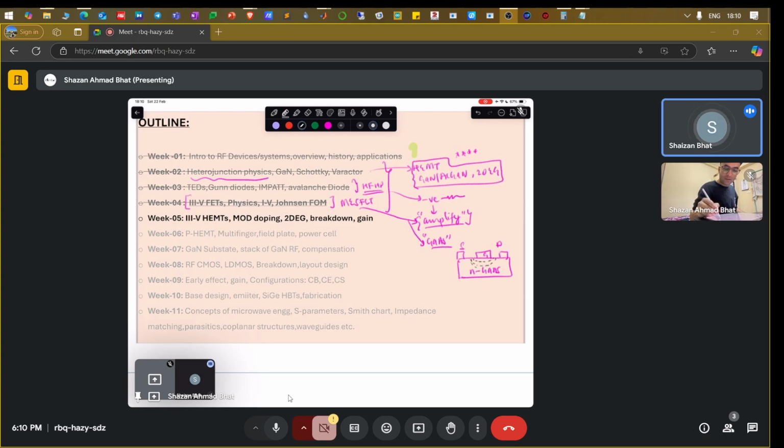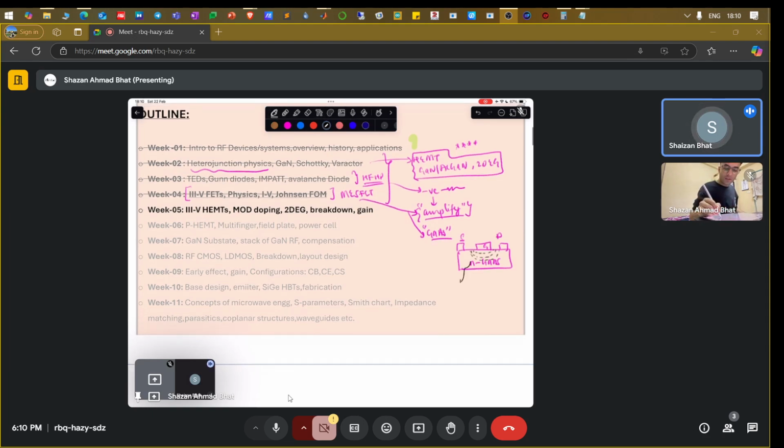The channel is already present, and you apply the negative voltage in order to repel those electrons and in order to deplete it for the conduction to stop. So that's why the threshold voltage is negative in these cases, because you need to turn off the channel. That means these are depletion mode transistors. Depletion mode FETs, field effect transistors.